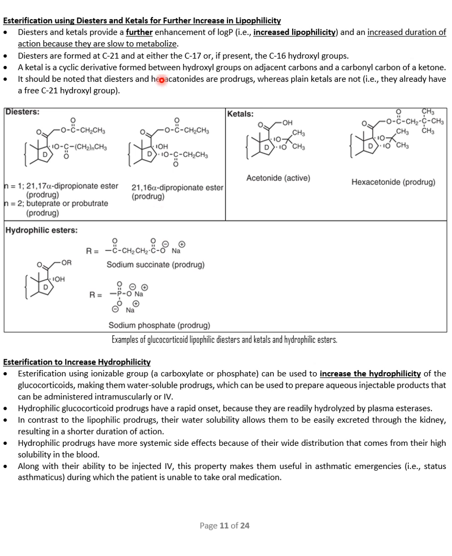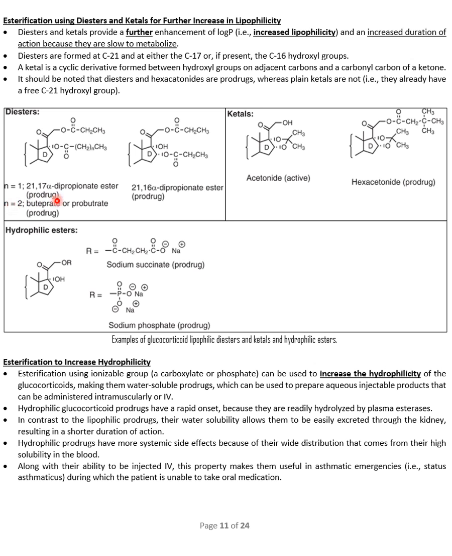The next type of esterification are the ones achieved at positions 16, 17, and 21, and these are normally achieved by dual esterification, meaning that you add two ester groups.